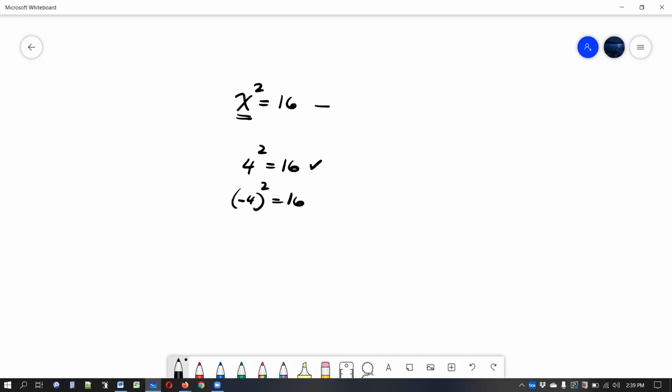Okay, and if we wanted to solve this algebraically, we subtract 16 from both sides. We get this equation. We know how to factor this. This is a difference of squares. x minus 4, x plus 4. And then applying the zero product rule, either this factor is 0 or this is 0.